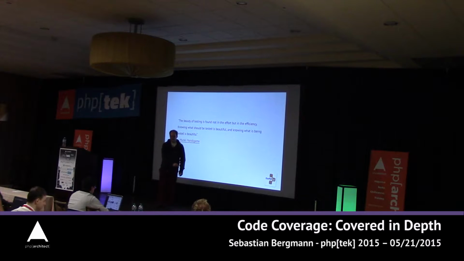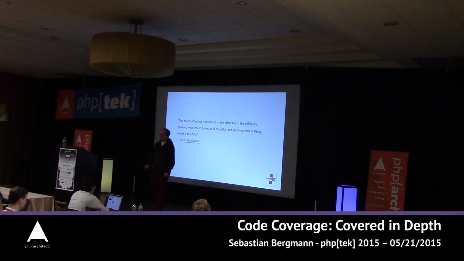What is this talk about? A couple of years ago, I read an interesting book called Beautiful Testing, and it had one chapter on code coverage, which is a subtopic of testing that has always fascinated me.